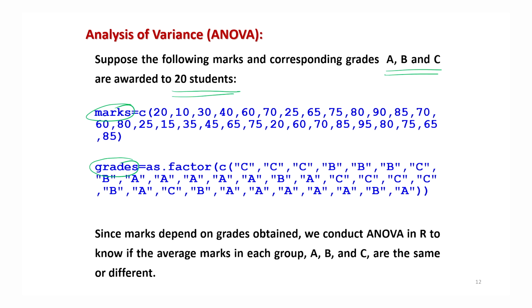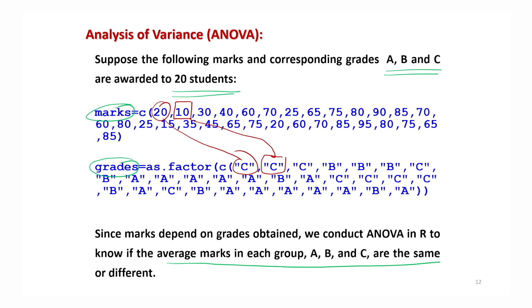If you try to understand the data, it is like this: the first student has got marks 20 and the person has got the grade C. Similarly, the second person has got marks 10 and also got the grade C, and so on, right. So, now the question is that we want to know if the average marks in each of the groups A, B, C are the same or different, because you can see here that when we give the grades, there is a certain range based on which we give the grades.